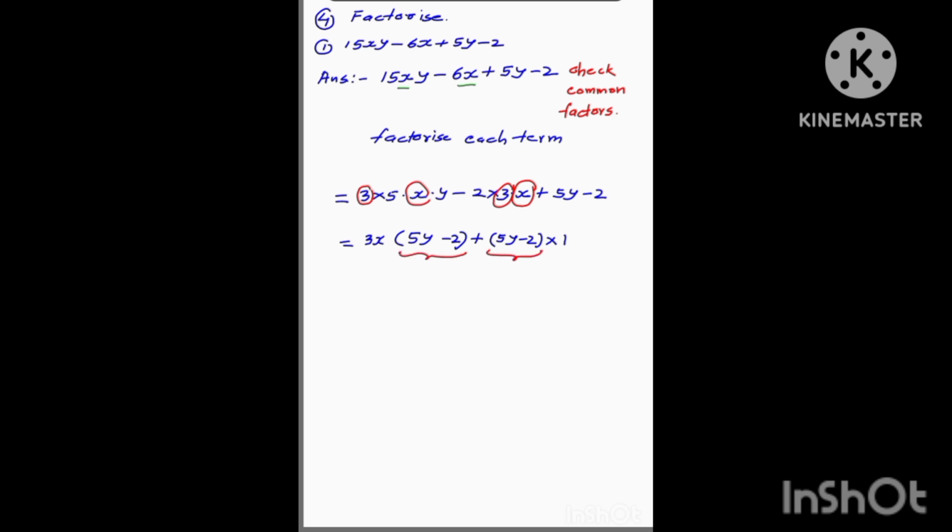Now this 5y minus 2 is common in both. So if we take that common, 5y minus 2, what remains is 3x plus 1, and that 1 was added just because of that. These are your factors, and that is your answer. So do solve some problems. I have one more.